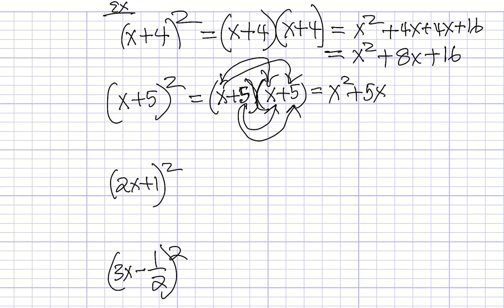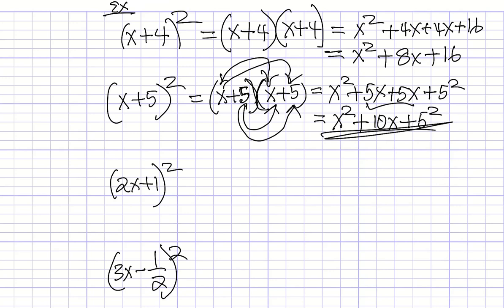Plus 5 times x, plus 5x. Plus 5 times plus 5, you get 5 squared. You see that, right? Simplify: x squared plus, you add those together, you get 10x, plus 5 squared. 5 squared is 25.